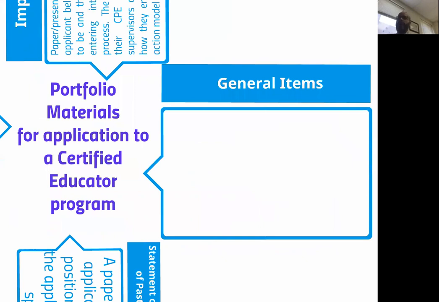So, other items that need to be included in the portfolio. Again, these can be included in the initial admissions interview at the center level, but these must be included as the applicant goes up for the formal admissions interview. A completed ACPE Certified Educator application.